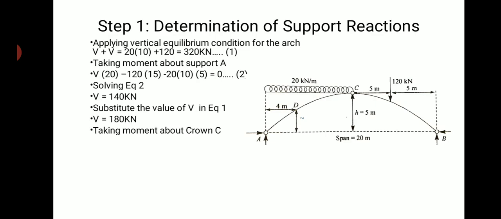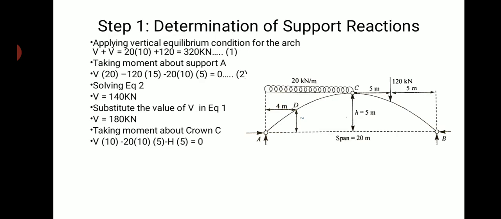Therefore, I have found both the vertical reactions. I have left out finding the value of the horizontal reaction. In order to find the horizontal reaction, I need to take the moment about the crown point, either from the left of the support or the right of the support. I have considered the moment from the left side.